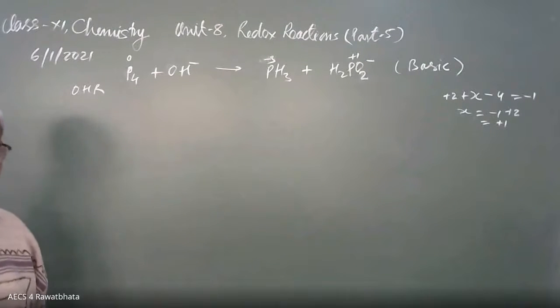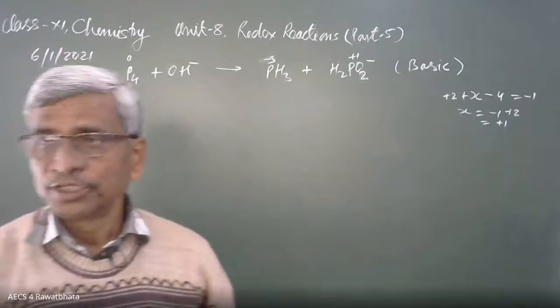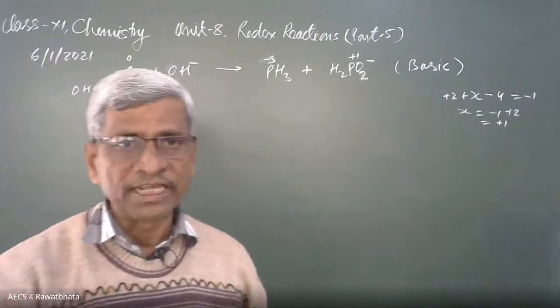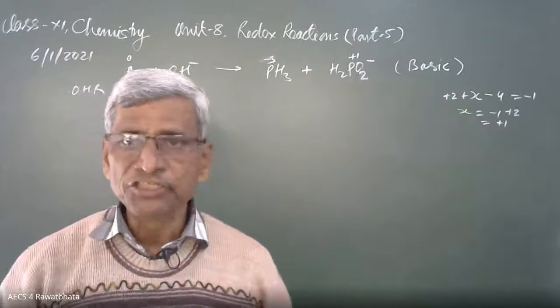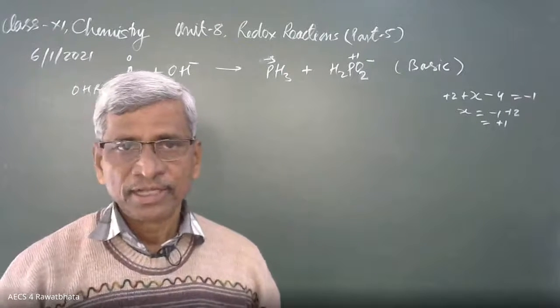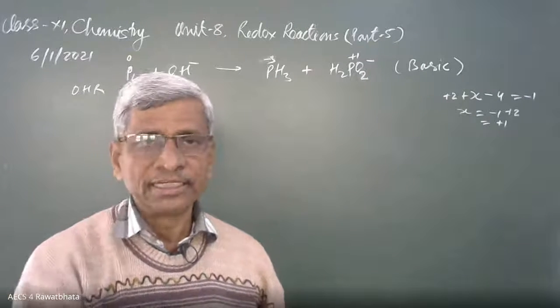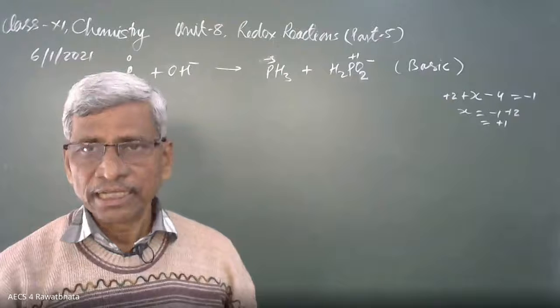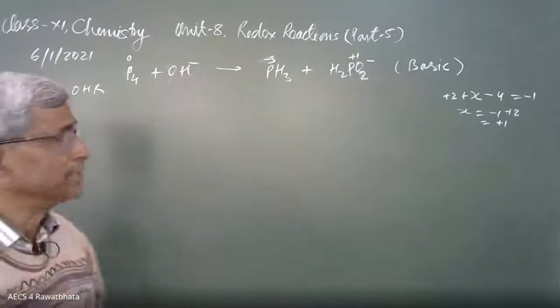And this reaction is called a disproportionation reaction. The reaction in which the same element is going to oxidize and reduce is called a disproportionation reaction. I have taken this example earlier also. Once again, here it is in front of you, and I'm going to take it in the types of redox reactions. There also you will find this reaction.